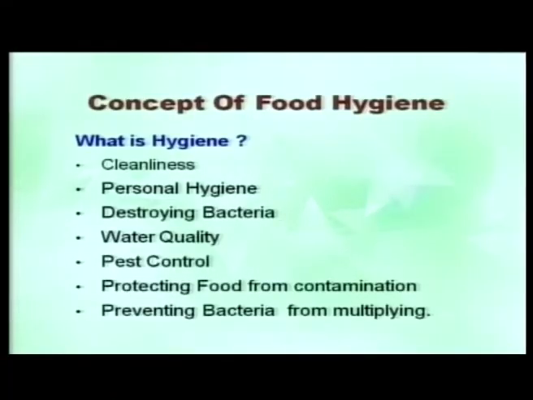The other thing is protecting the food from contamination that can come from the human environment, the equipment or the pests. All these need to be controlled. Preventing the bacteria from multiplying means that a frequency of cleaning needs to be defined, and there have to be ways to control the entry of these bacteria or any other elements which can cause an issue to hygiene.